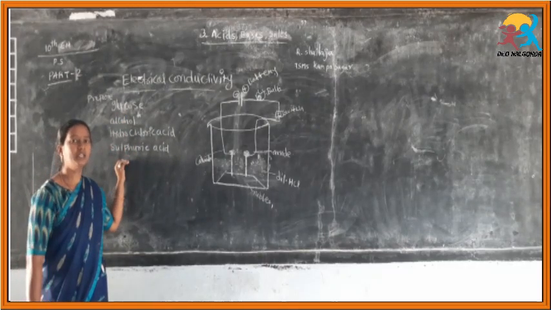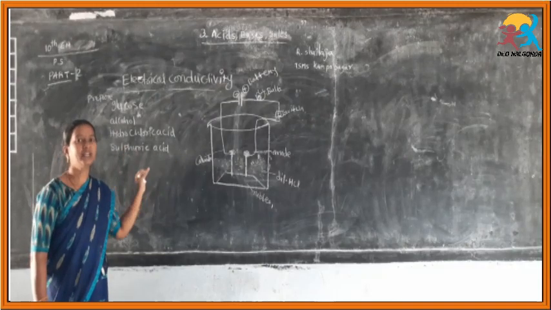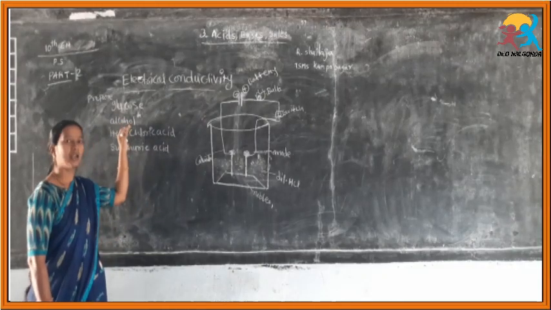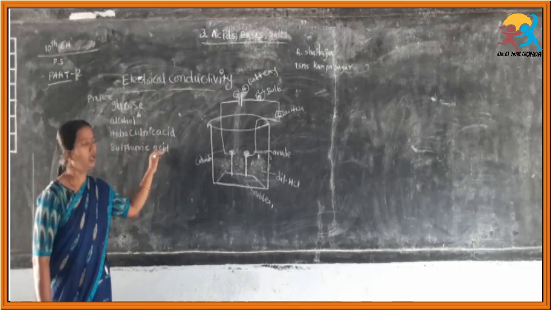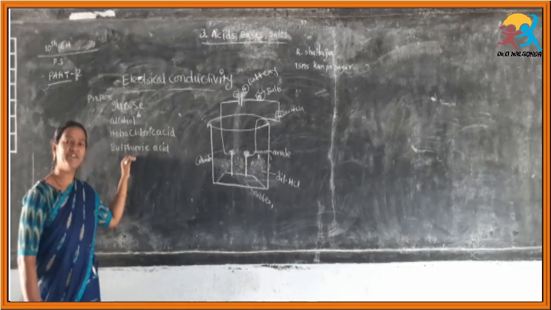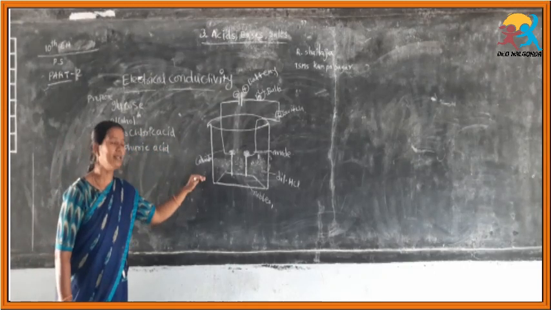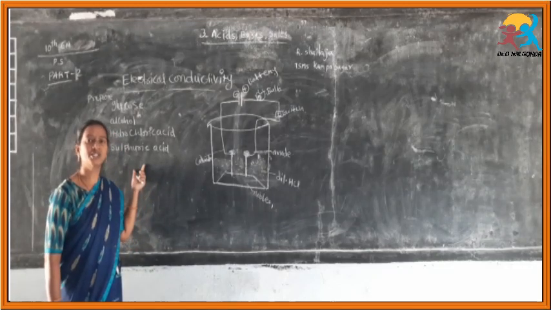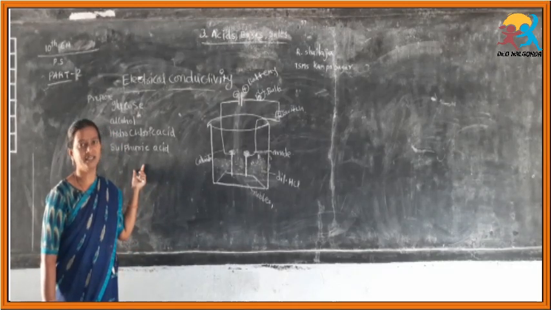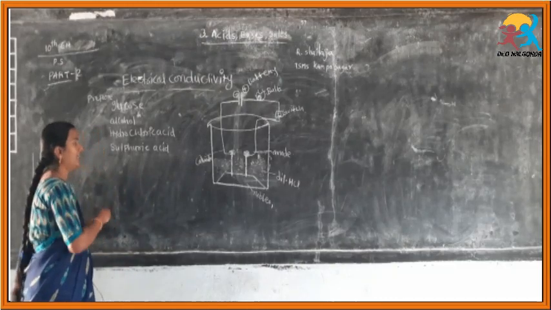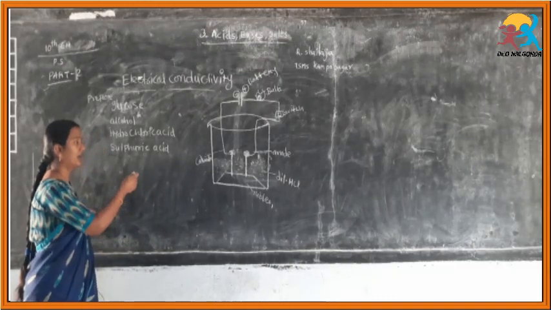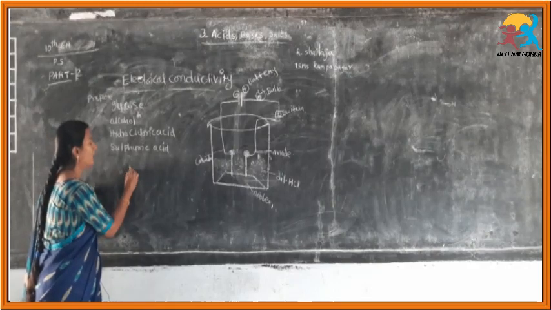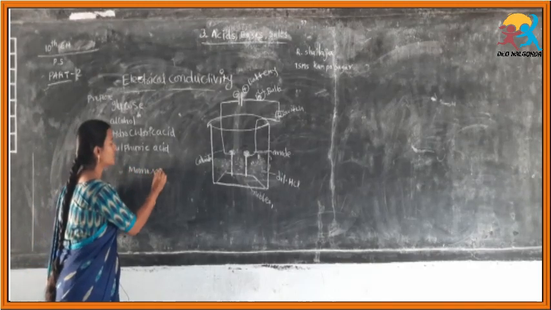So we conclude that in the glucose and alcohol cases the bulb does not glow, and in the hydrochloric acid and sulphuric acid solutions the bulb glows. Why? Because the acid solutions allow the current; they are conductors. Generally, conductivity is due to the movement of ions from one place to another.